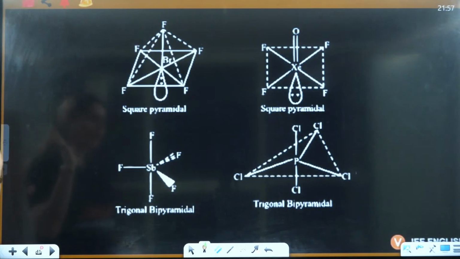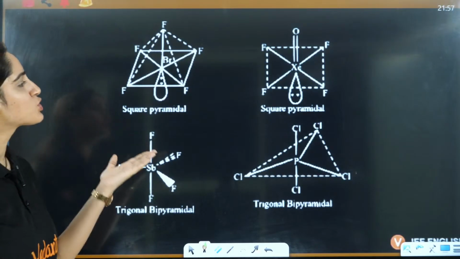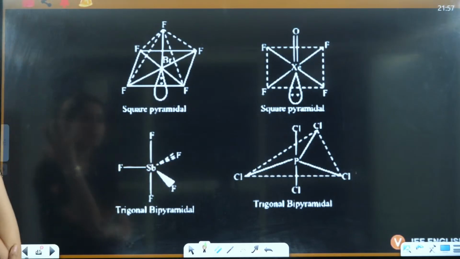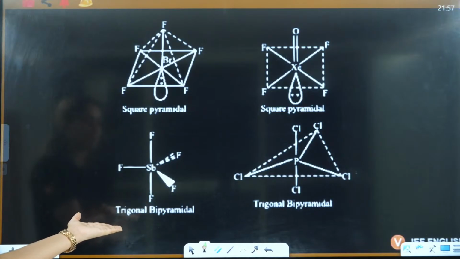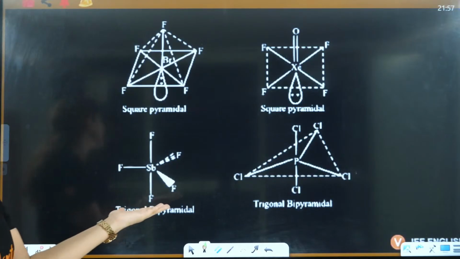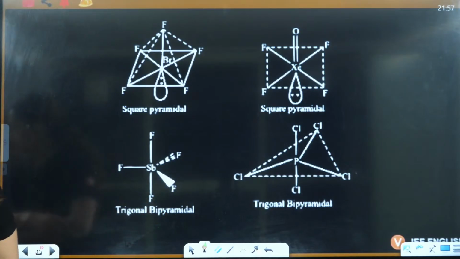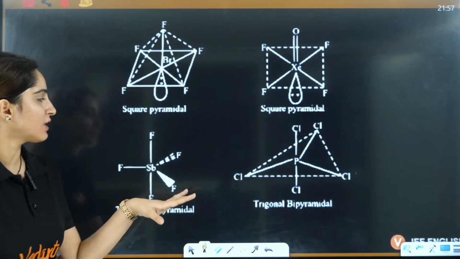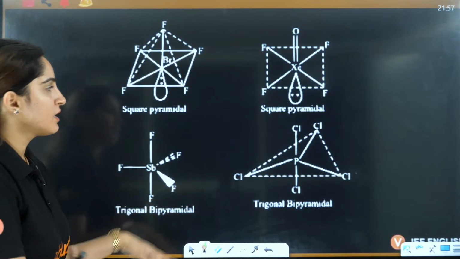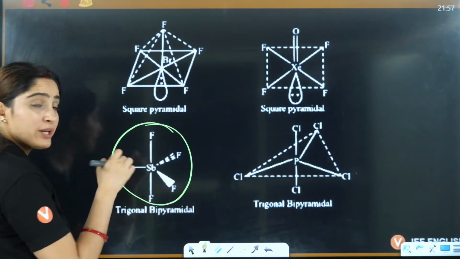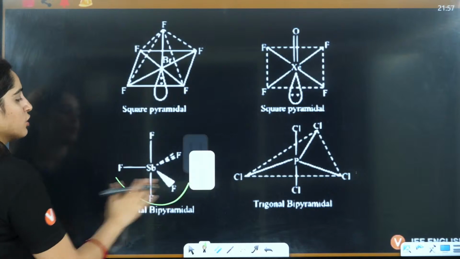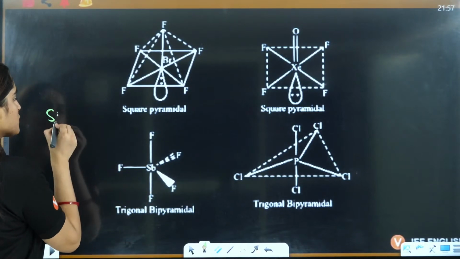Now, all the structures are given to you. Most of them we have already discussed. If you talk about SbF5, that also you can easily calculate. Is it a difficult task to calculate this? Let's do how you will calculate. SbF5.